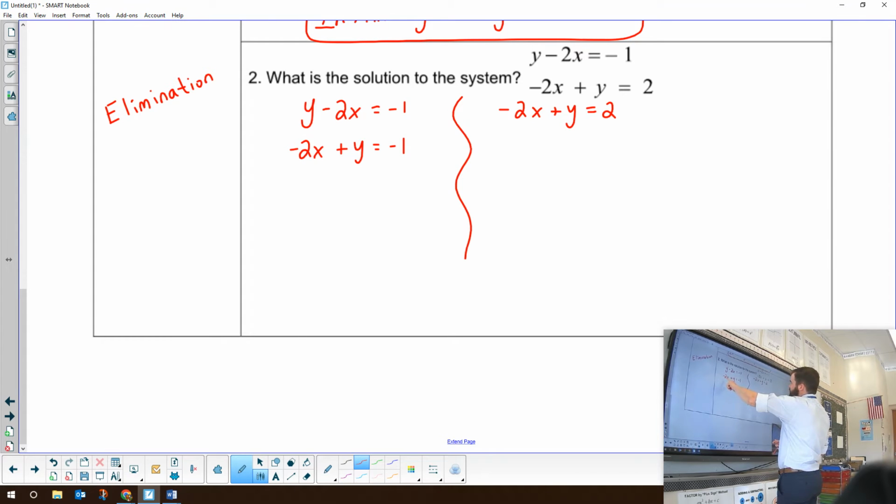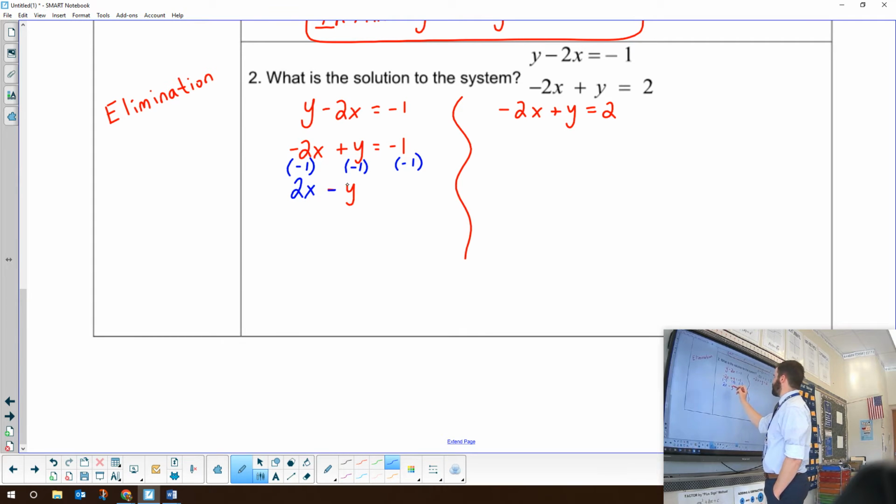So if I have this negative 2x and this negative 2x, well, we have the same number, but I just want one of them to be positive. That way when I add my equations together to eliminate, one of those x's eliminates out. So I can change this one to be positive 2x. But if I change that to be positive 2x, I need to multiply by negative 1, just like what we did yesterday. So that makes positive 2x, negative y. Oops.